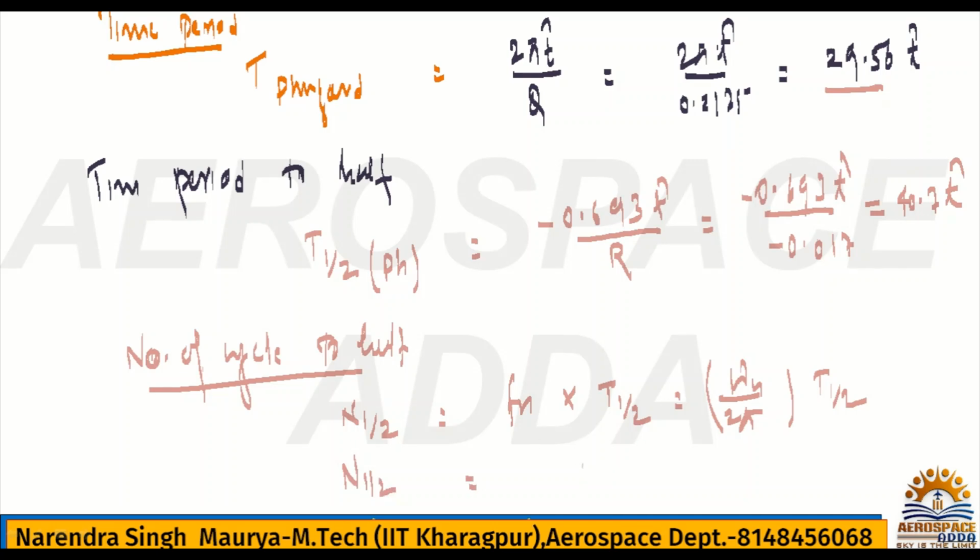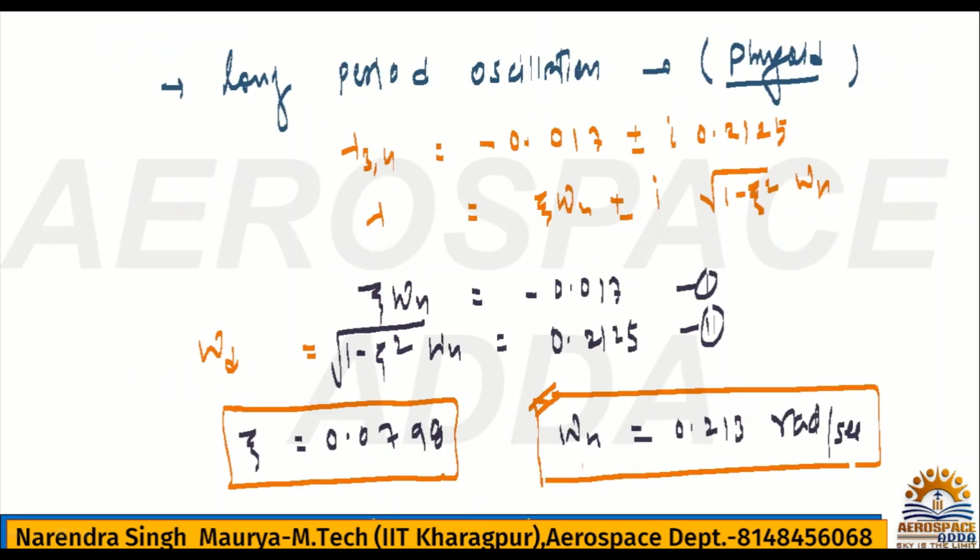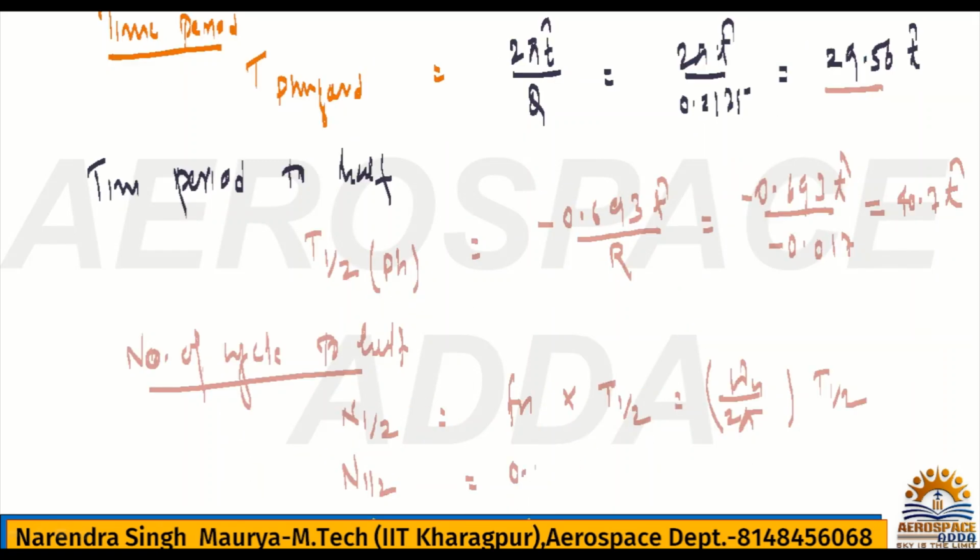Omega n you just calculated as 0.213. So 0.213 divided by 2 pi, into time to half, which is 40.7 t cap. If you solve this, the number of cycles to half for the phugoid motion is approximately 1.381 t cap.